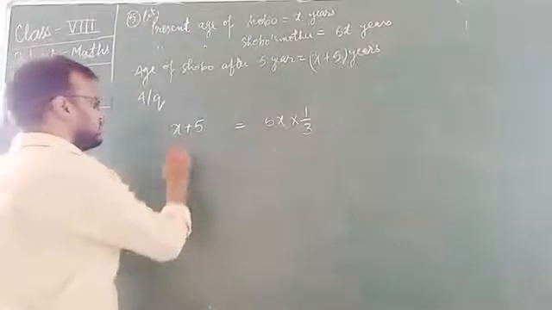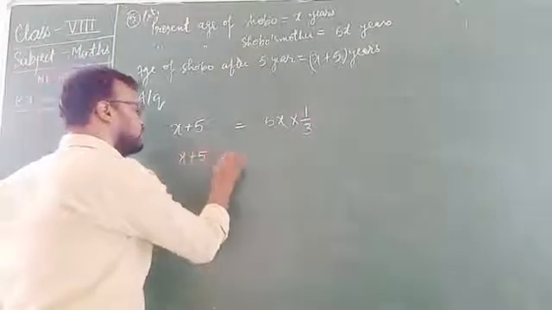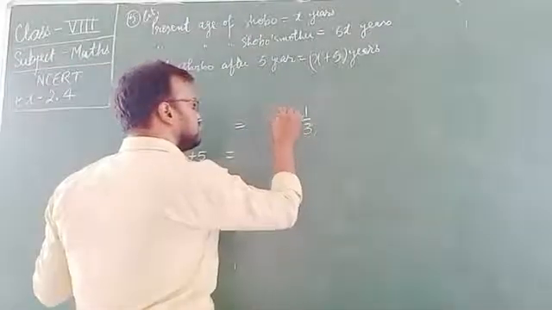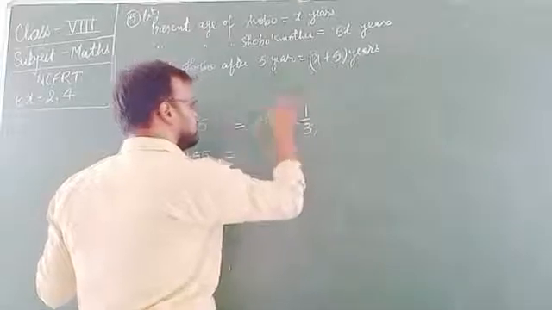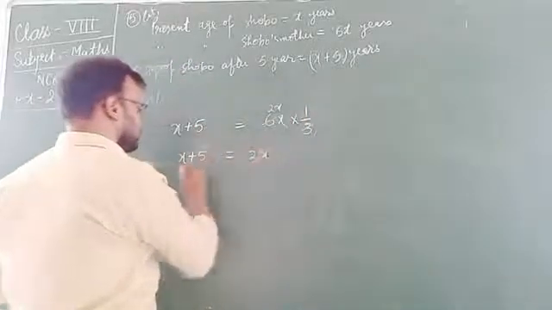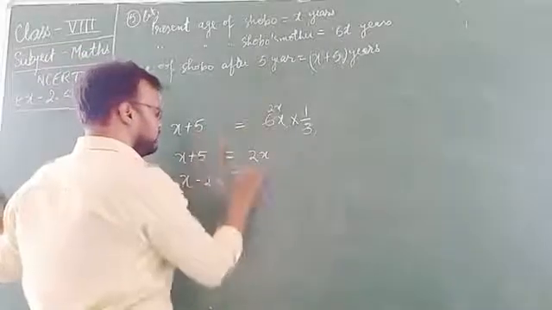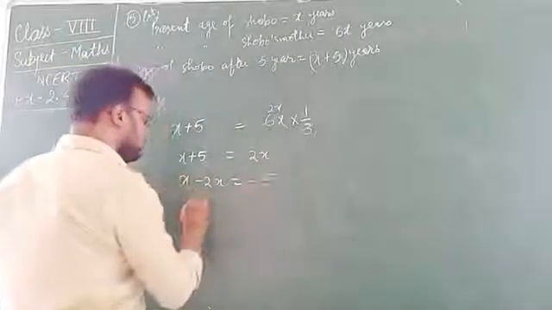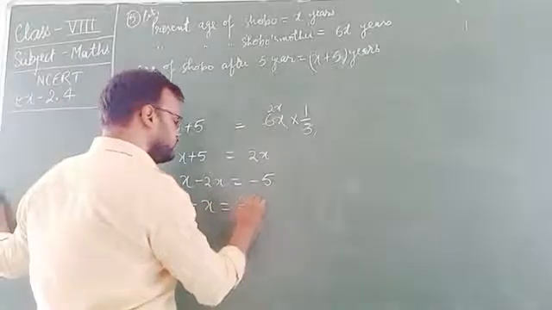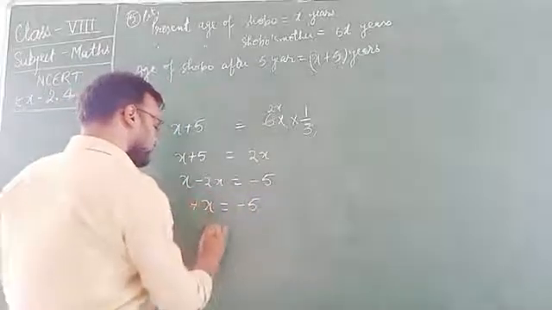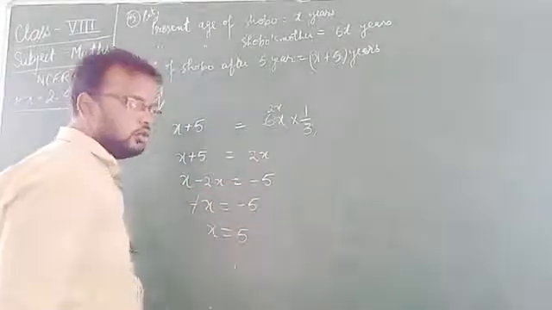Okay? This is x plus 5 equals 1/3 of 6x, that is 2x. So it is x, and this is minus 2x equal, this will become minus 5. Minus x equals minus 5. Minus and minus cancel out. So x equals 5.